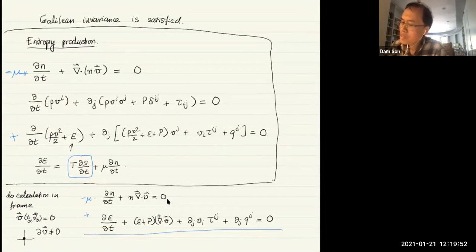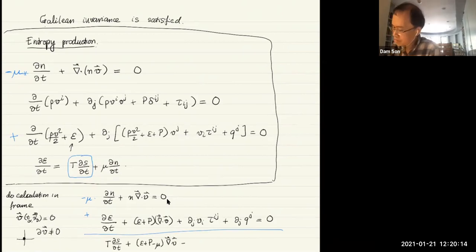After calculation, you see that the equation for the production of entropy looks something like T ds/dt plus something like (epsilon plus p minus mu n) times the gradient of v, plus something like d_j v_i tau_ij minus d_j q_j equal to 0.